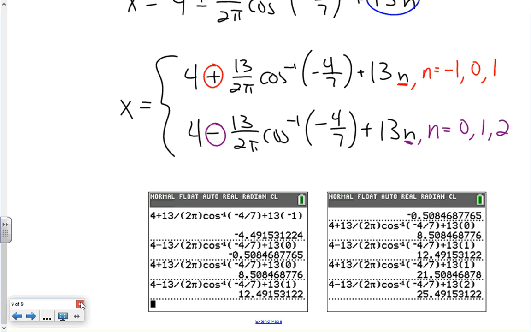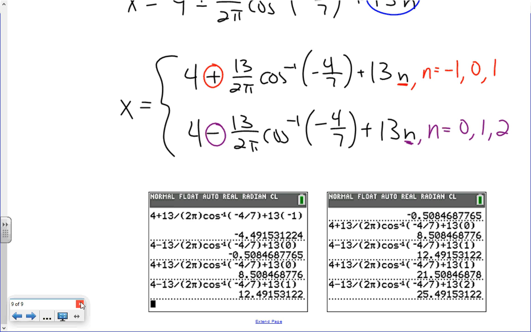Again, a couple of things. First of all, you should be able to go through algebraically and solve that equation just like we did. Go through all those steps to solve for x. Even split this up as a piecewise function like we did at the end. And at the end, given an accurate sketch of this, you should be able to determine what values of n you're going to pick for each one of these equations, whether it's the positive cosine inverse or the opposite cosine inverse, and come up with all the solutions that you want.